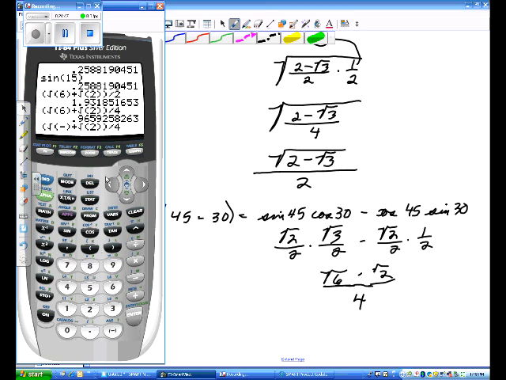Whoops, went back too far. Okay, now let's see what we get. Okay, so we get the 0.258819, which we were supposed to. So it's probably good that I checked it because I made a bunch of mistakes there. And I think I even said when I wrote it down it was supposed to be minus. But it was supposed to be a minus there, and then 2 times 2 is 4.